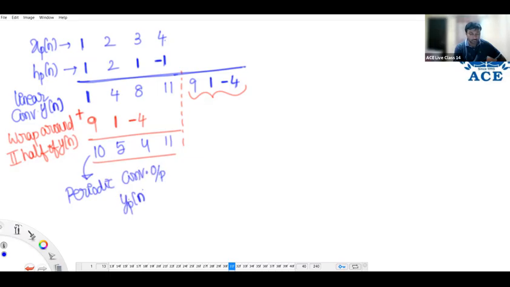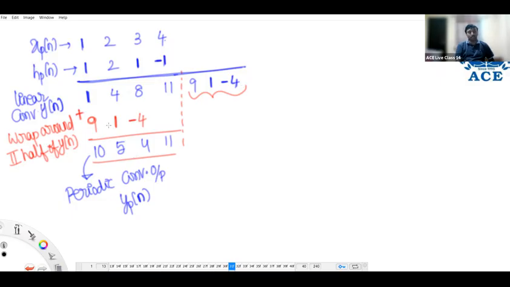I am repeating one more time. Listen carefully. First, you have to check whether input and system lengths are the same or not. Input has 4, system has 4, means output length is 4 samples. After verifying that point, get the linear convolution answer by the sum by column method.